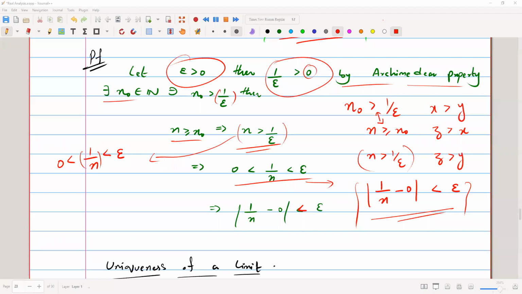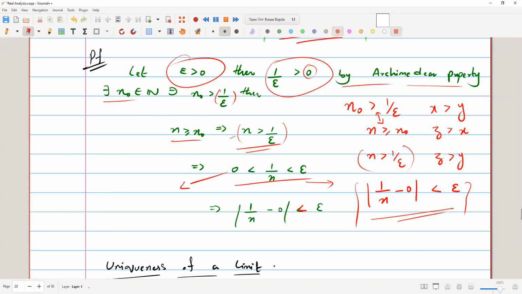We can also take it this way: if 1 over n is greater than 0, then 1 over n is also greater than negative epsilon, because a negative epsilon is less than 0. But we don't need to write it that way; it's fine to keep it like this.